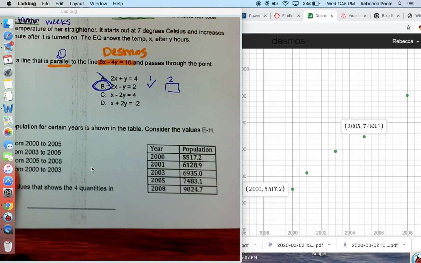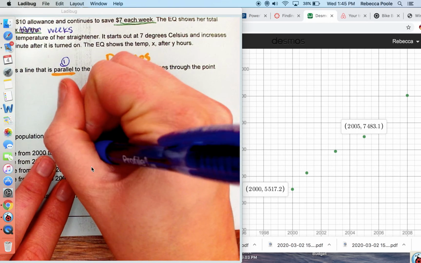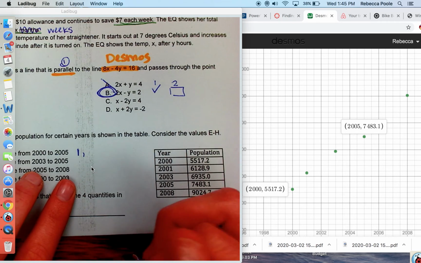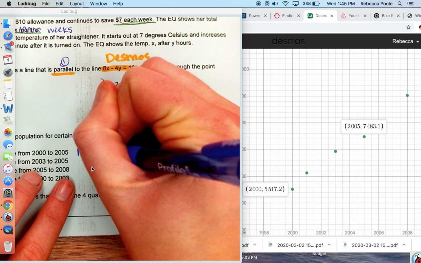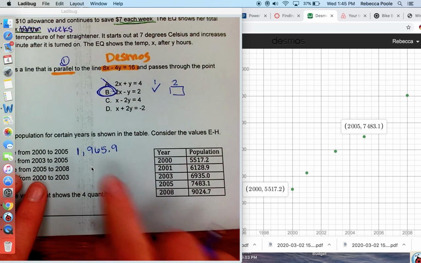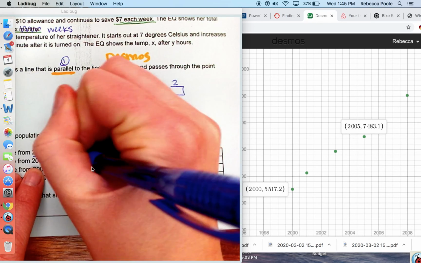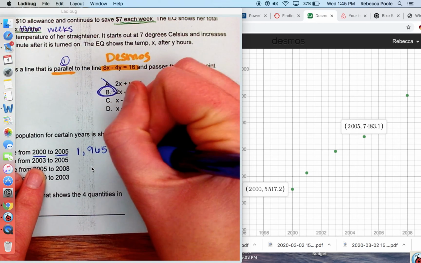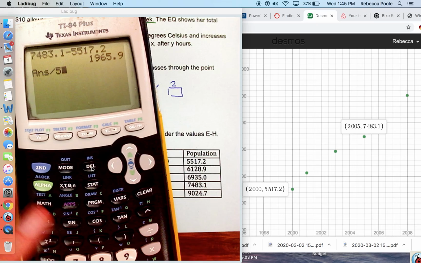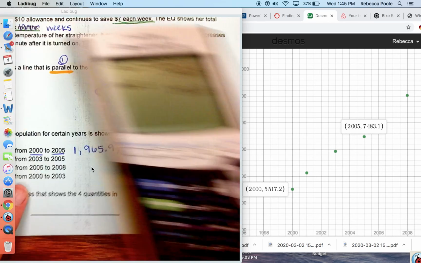So for that average rate of change, it's going up 1965.9, and it went up that much in how many years? 5 years. So if I divide that by 5, I'm getting 393.18.